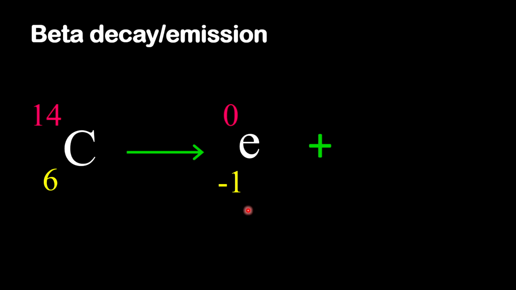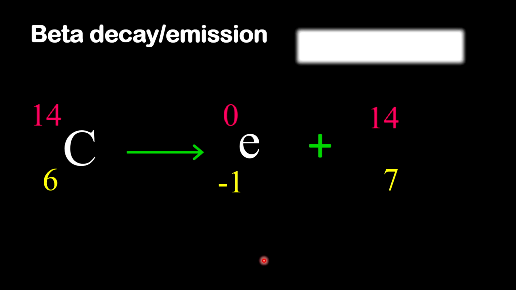So watch this carefully now. Let's do the maths. Mathematically, if you minus 0 from 14, you get 14. If you minus negative 1 from 6, because remember you lose negative 1, you should get 7. How does this work out mathematically? It's simple: 6 minus negative 1 equals 7. Two negatives give you a positive.